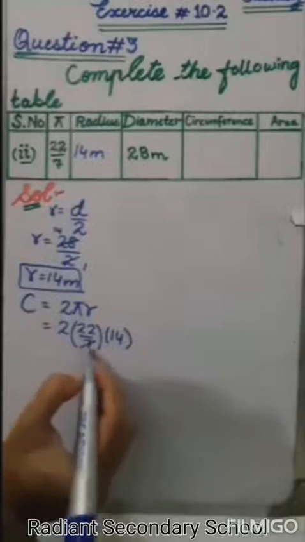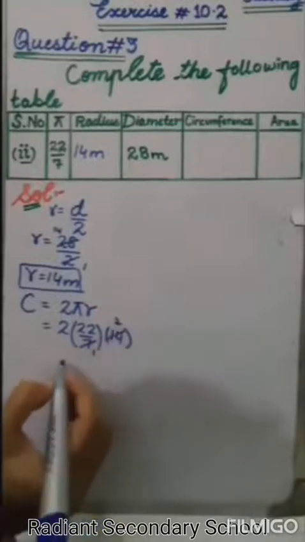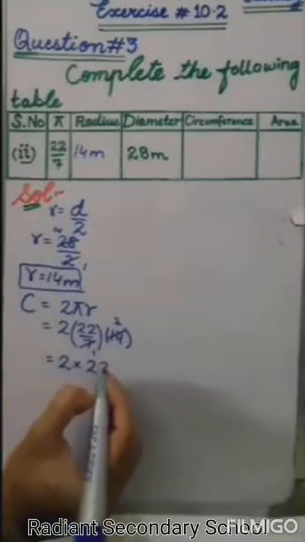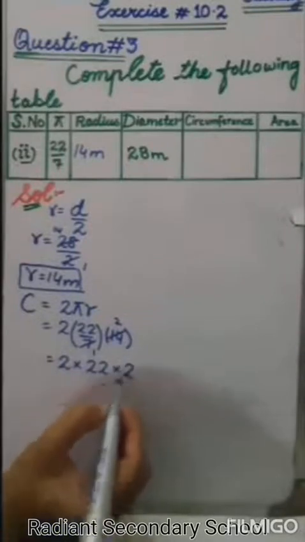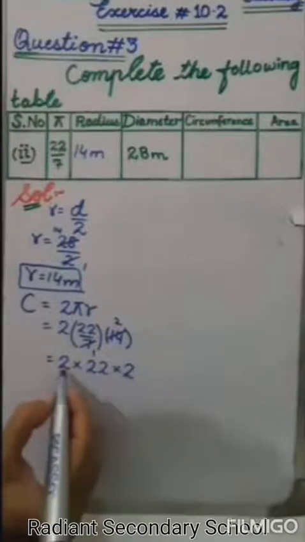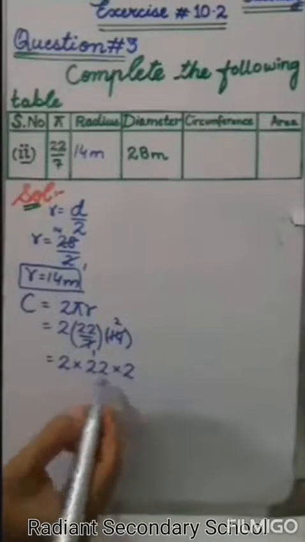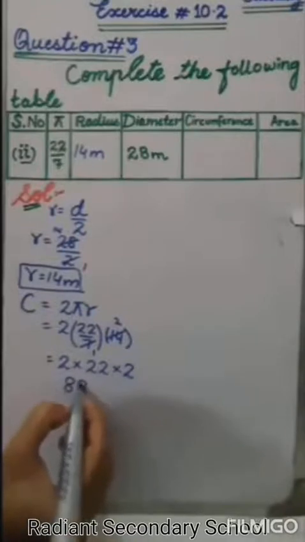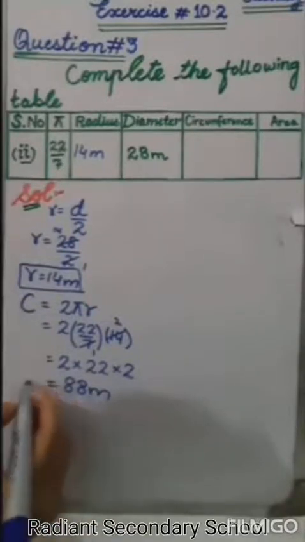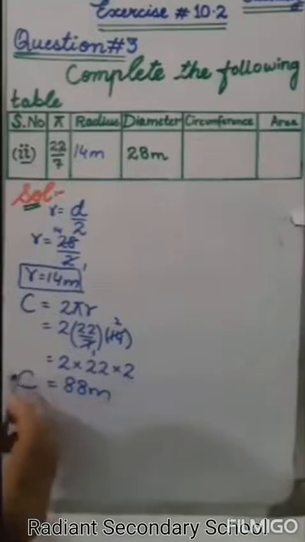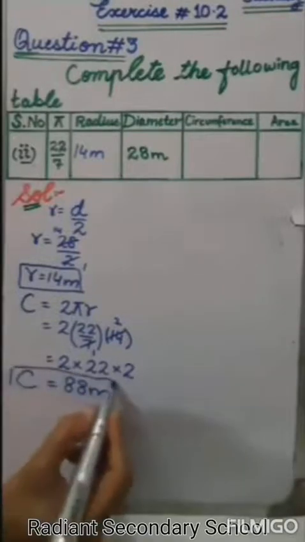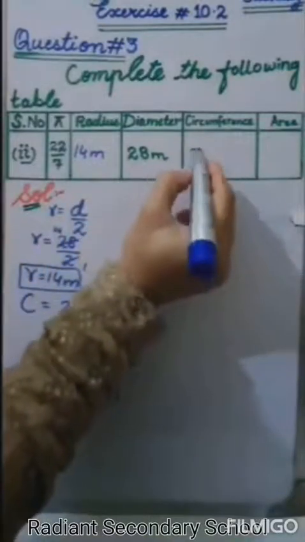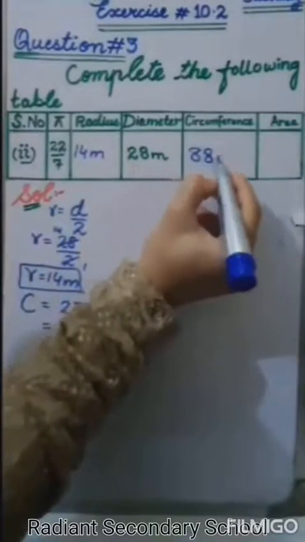Now cut this. 7 ones are 7, 7 twos are 14. Now remaining 2 multiply by 22 multiply by 2. Now multiply it. 2 22s are 44, 44 twos are 88 meter. That is our circumference. Write this circumference over there, that is 88 meter.